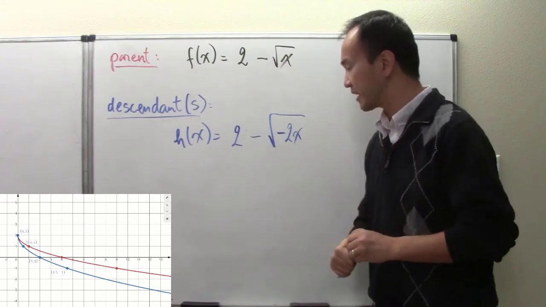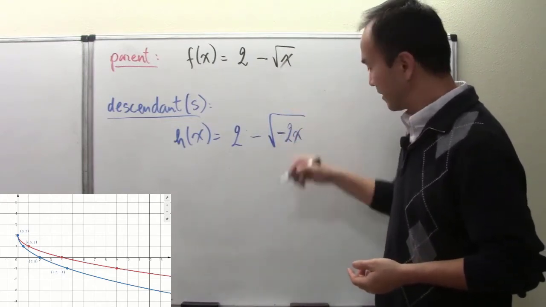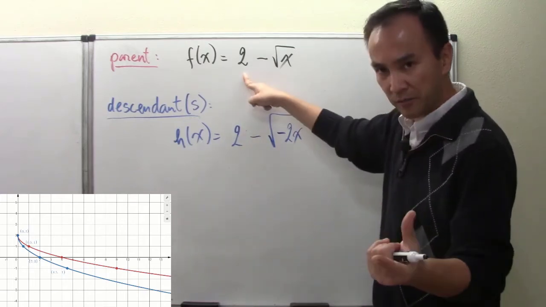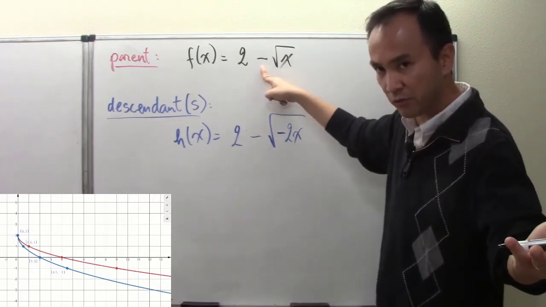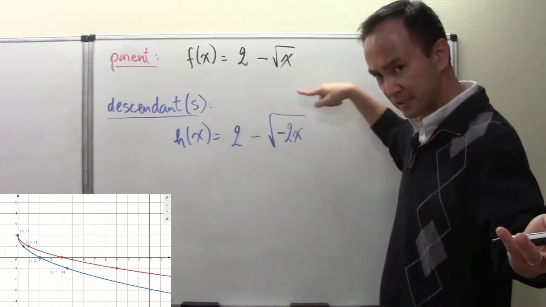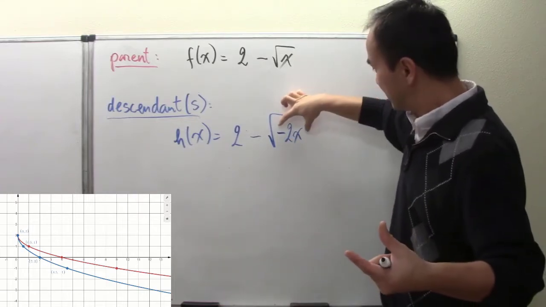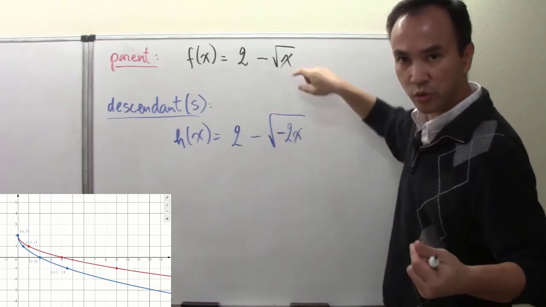This is how I recognize it: we have that square root, and 2 is part of the rule from the parent function, the subtraction is another part, and the square root is a component from the parent function. The only difference is this minus 2x instead of the usual x.